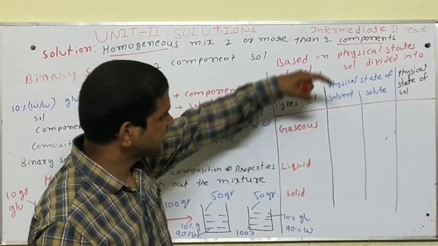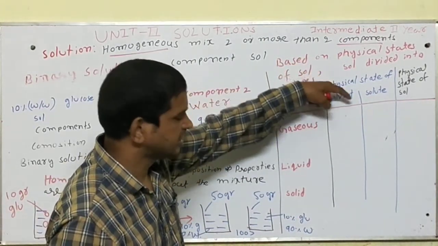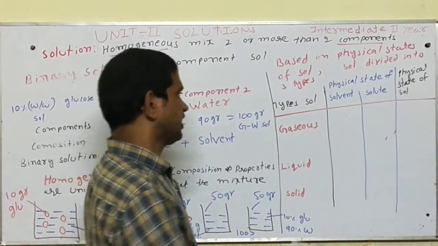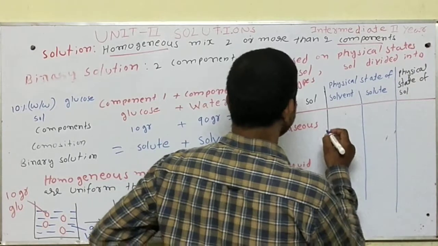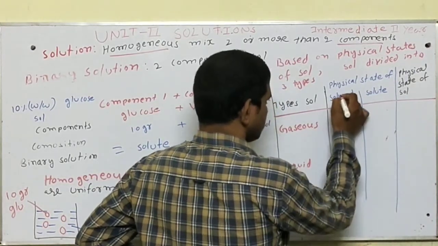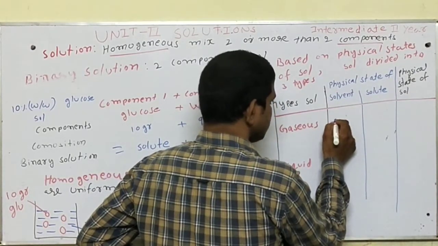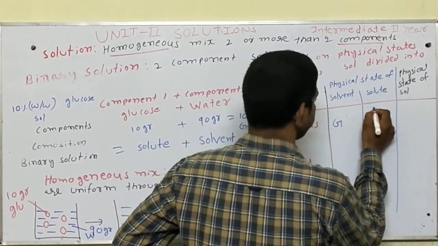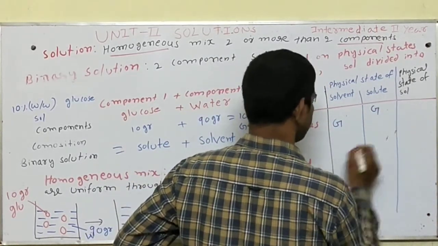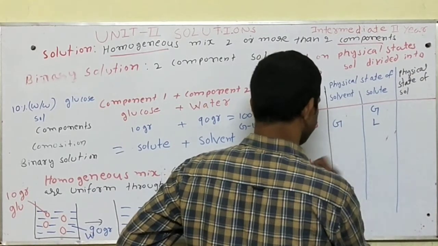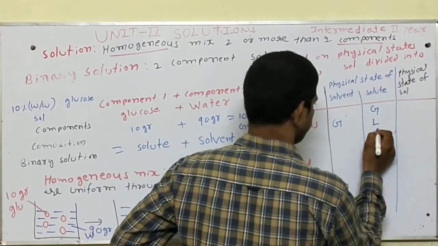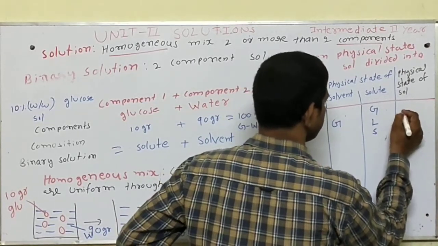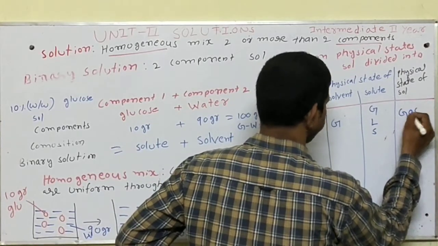Again, based on physical state of solvent and solute, these binary solutions are further divided. In the first, the solvent is in gas state, solute may be gas or liquid or solid, and the physical state of these solutions is gas.